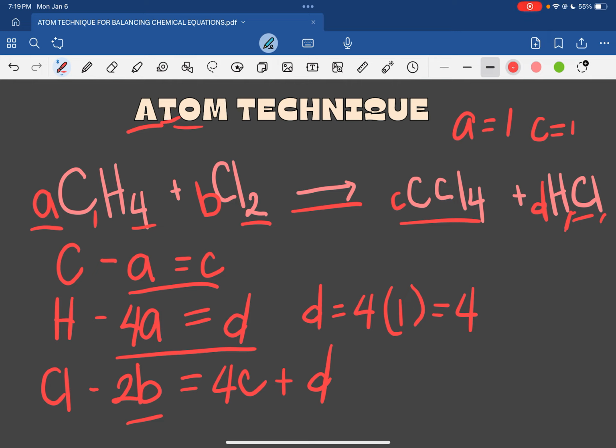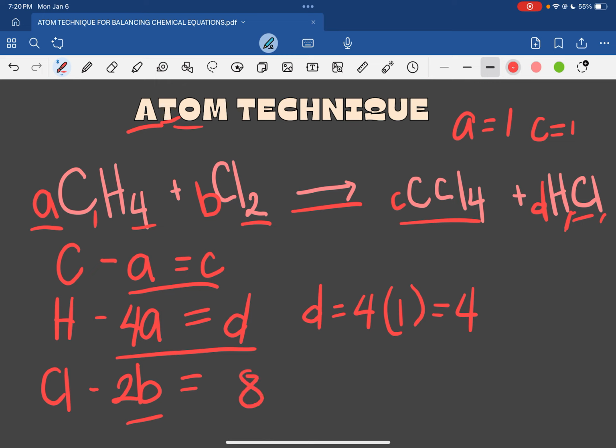And the value of B, we can actually get by substituting the values of C and D that we obtained from the previous computation. The value of C is 1, and the value of D is 4. So 2B is equal to 4 plus 4, that would become 8.